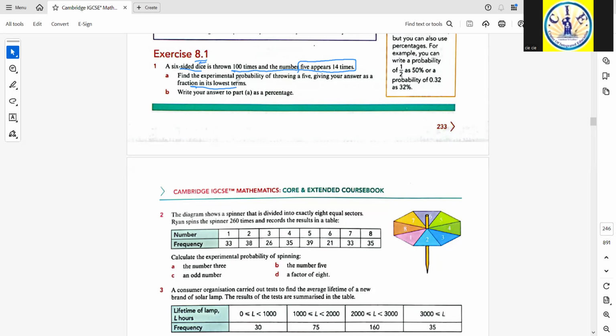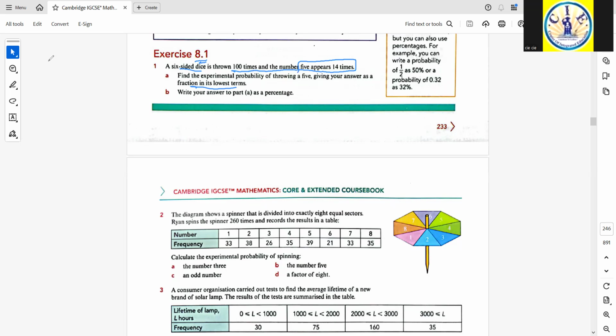Okay, in this case, we need to observe that the data that we are given has some values, some numbers of different things. So we should be using the formula for the probability to calculate the final answer.